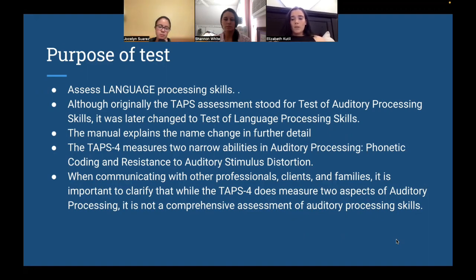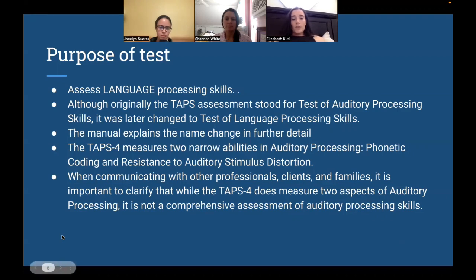So because auditory processing is considered to be a part of oral language processing, we've now come to the conclusion that the TAPS is a measure of language processing skills more than it is a measure of auditory processing skills.